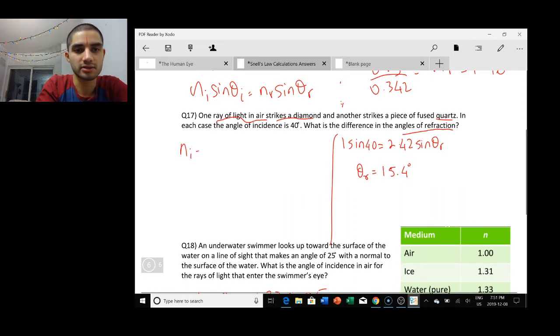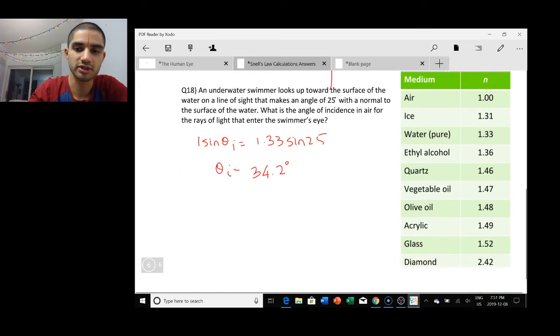Your incident medium is air, so Ni equals 1. Angle of incidence equals 40 degrees. Let's say it strikes the quartz. So I'll give you one of these charts, or I'll give you the refractive index of quartz.